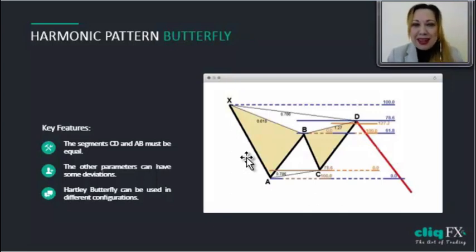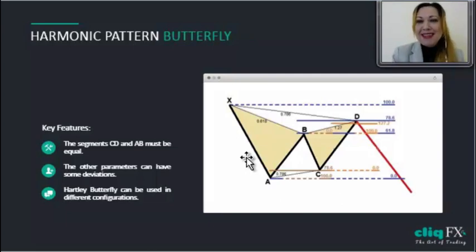So the market can move in different directions. And the segment CD can only reach 61.8, not 78.6, for example. But the ratio CD-AB is compulsory in any butterfly configuration.